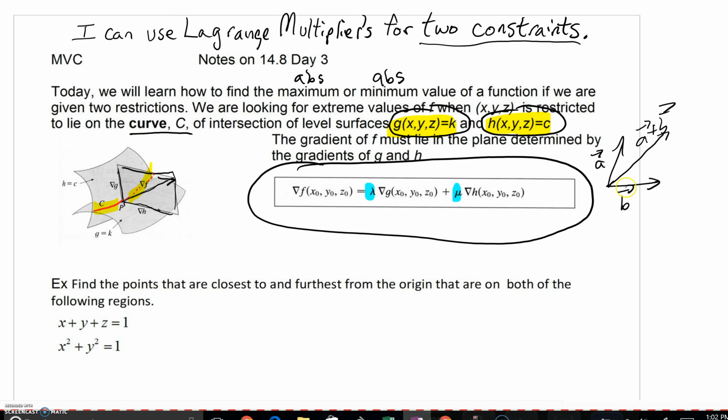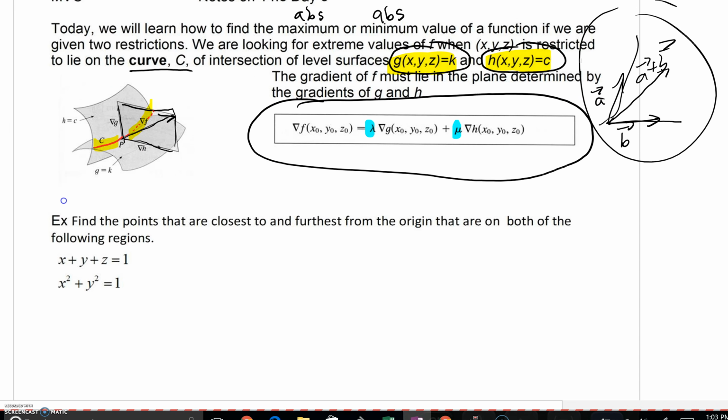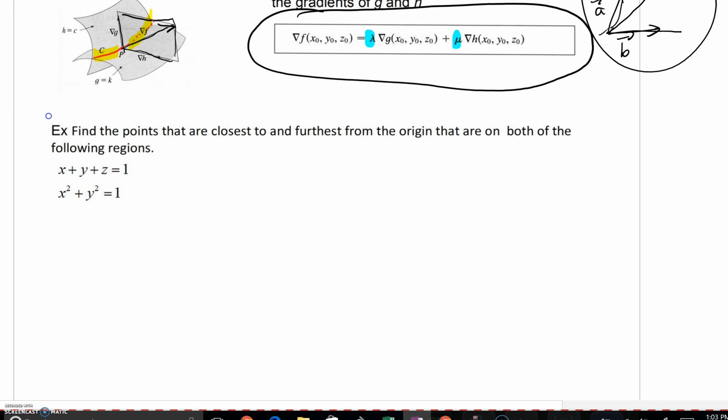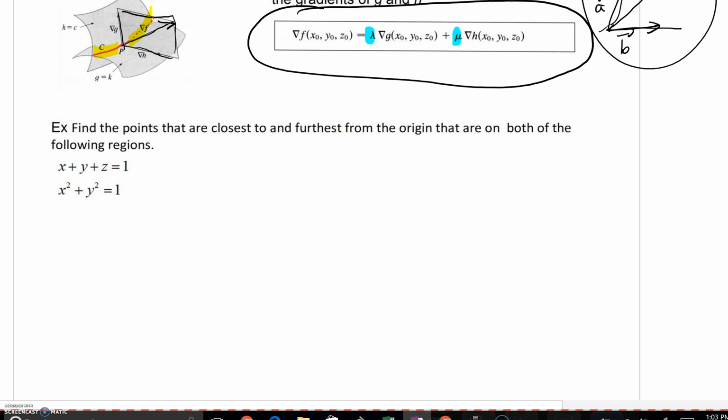It's just that we might have to lengthen the vector of A and B in this picture right here to be able to arrive at the proper diagonal. So, of course, just like we did in the past, we're going to deal with a system of equations. And now we'll have two constraints that will be thrown into that system. So let's get started right here on a problem.